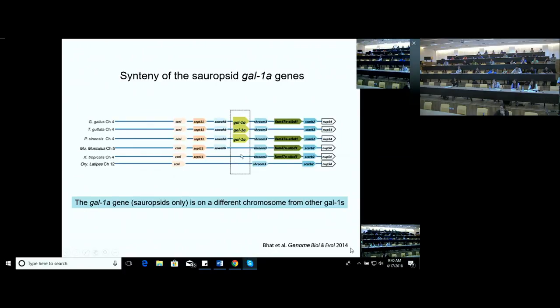So basically, there's been a duplication and a jump to a new chromosome, and these are the skeletogenic galectins by analysis of the three-dimensional combining structure of the galectins. So the galectin 1A gene is on a different chromosome from the other galectin 1s.